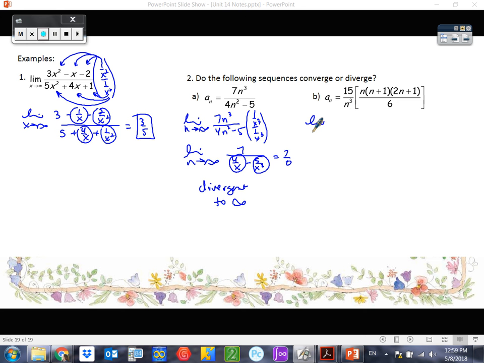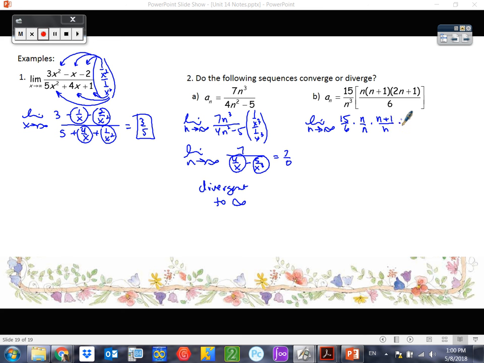So I'm going to do the limit as n goes to infinity. And what I would like to do is just deal with the numbers. So let's do 15/6, just bring those together, times, I'm going to take this n and put it with one of those, so n over n, times, I'm going to take this n plus 1 and put it with one of these.